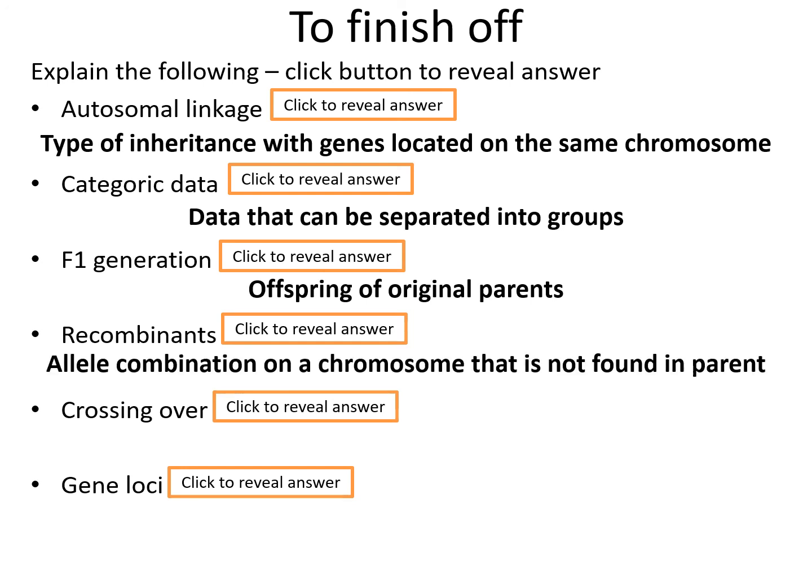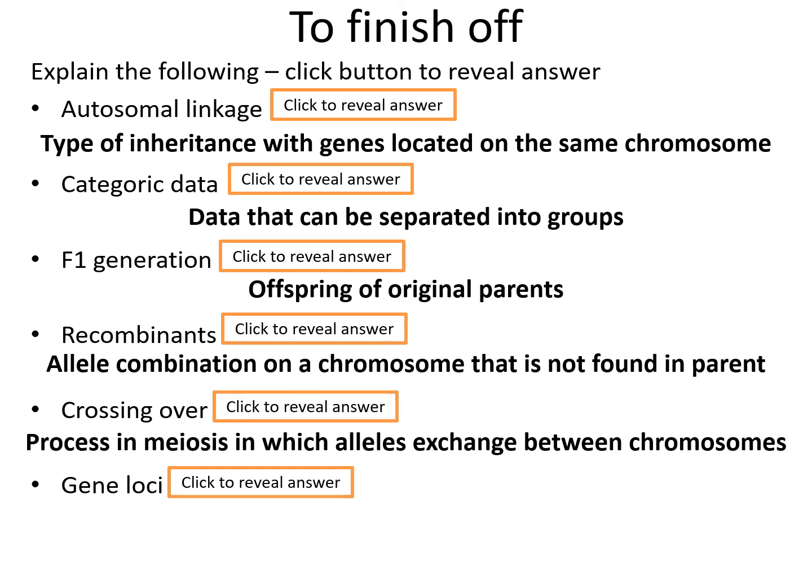Recombinant refers to the allele combinations that can occur but are not present in the original parents. They're not the ones that the parents had originally; they have appeared as a result of a particular process, and that process is the next one, crossing over.